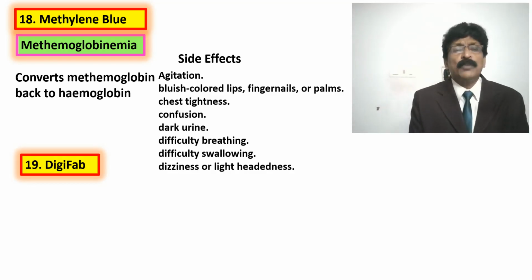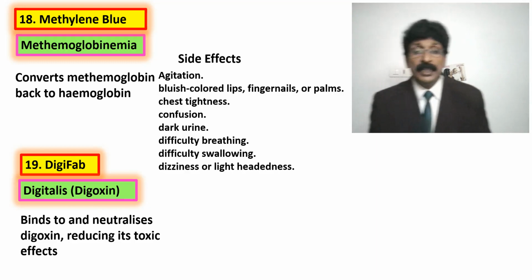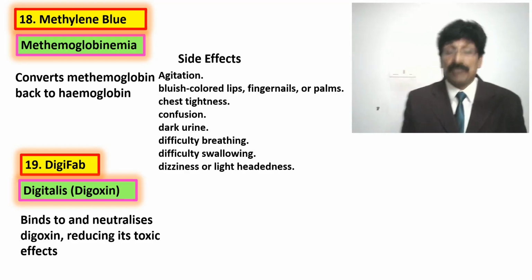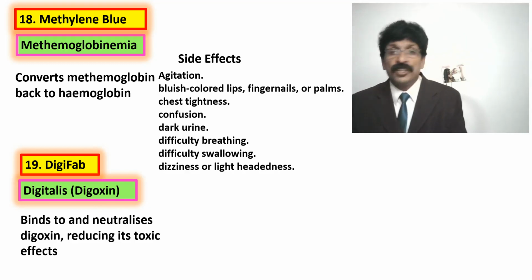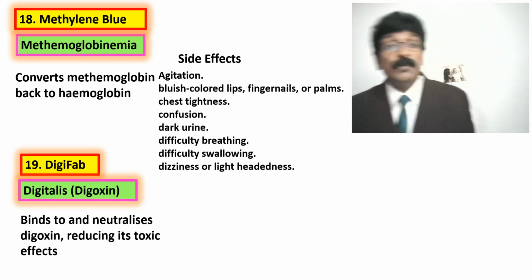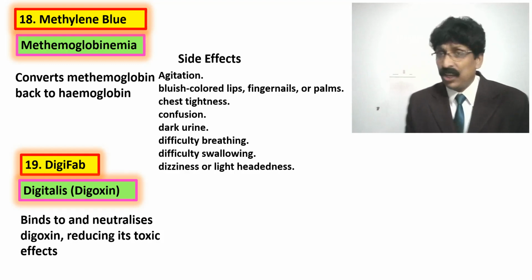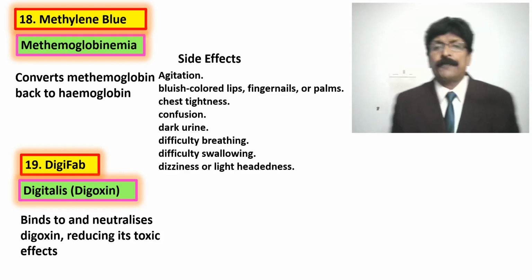The last one which we have taken as an example is DigiFab. It is for digoxin toxicity, if somebody is taking digoxin tablets or even poisoning by the herb digitalis. It binds to the digoxin and neutralizes it, reducing its toxic effect.